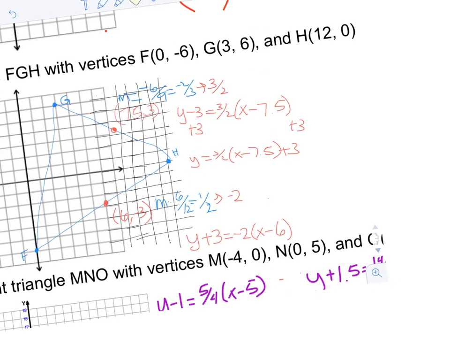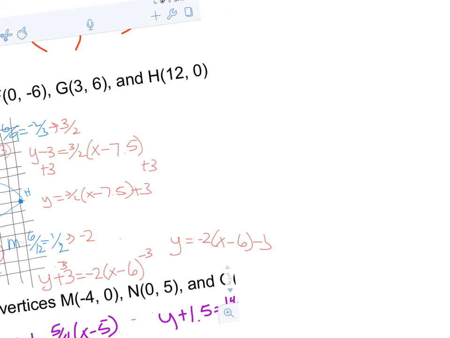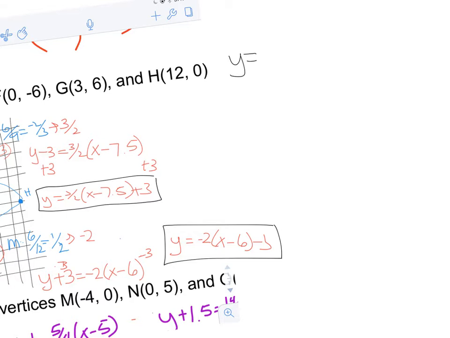And my other equation will end up being, subtracting 3 from both sides, y equals negative 2 times x minus 6 minus 3. If I take both of those equations and I scooch over here, I'm going to do some algebra now. So I'm looking at the two forms of the equations that start with y equals.